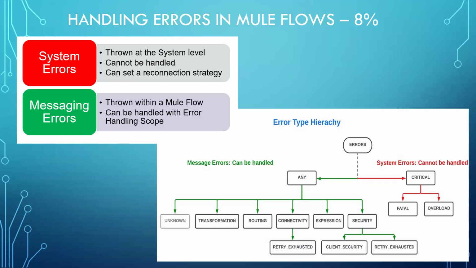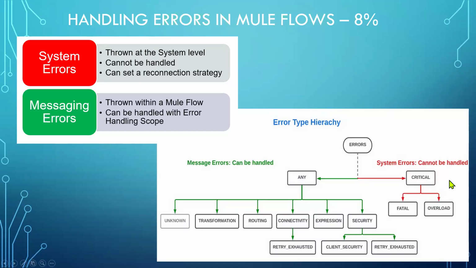There are some things that are out of our reach when it comes to error handling. Like if your Mule runtime server is down, those system errors, our flow can't do anything with those. So those are considered to be system errors.